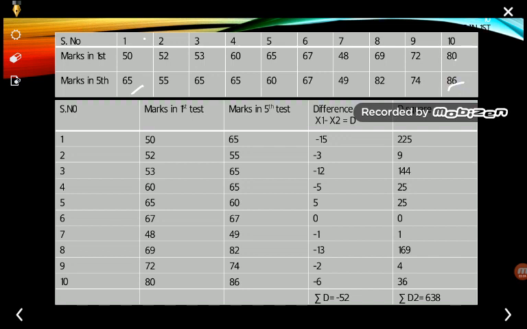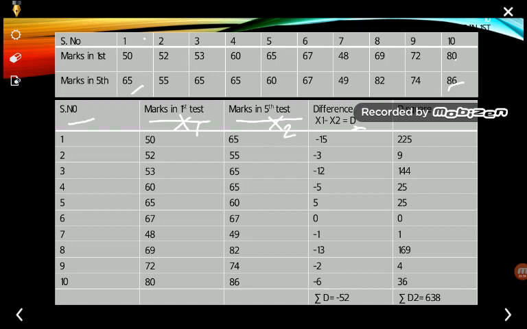We have to draw a table in which the first column will be serial number, the second column will be marks in the first test, and the third column will be marks in the fifth test. So we have to find the D. D means deviations. How to find the deviation: this is x1 and this is x2. So we have to subtract x1 from x2.